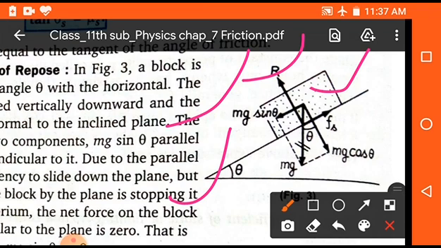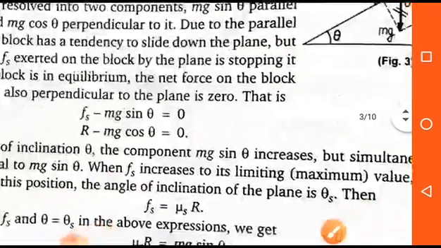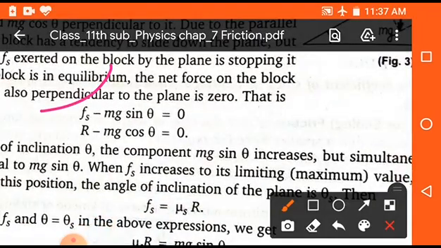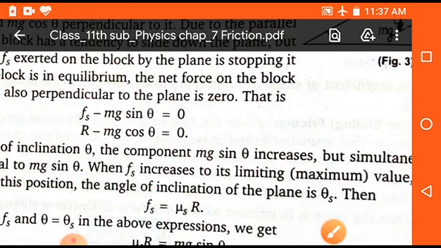So mg cos theta will be balanced by capital R and mg sin theta will be balanced by the frictional force. So we get two equations, given as Fs minus mg sin theta equals 0 and R minus mg cos theta equals 0. By solving these two equations we get the relation Fs equals mu s into R. Clear?